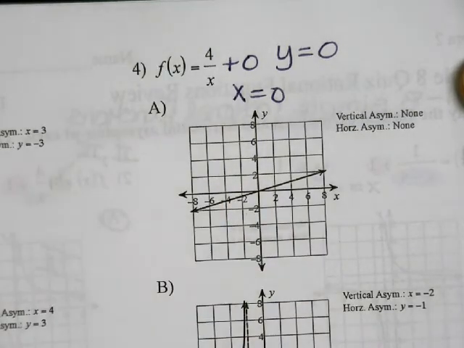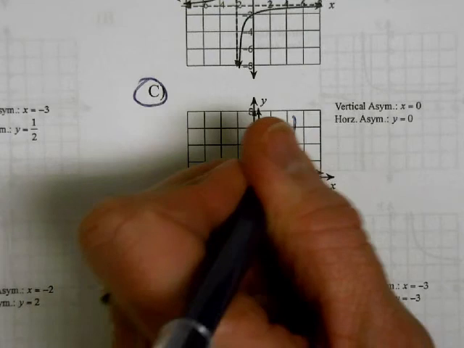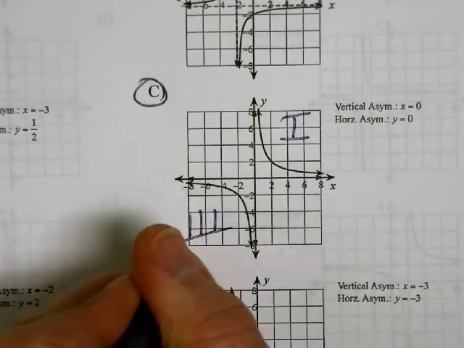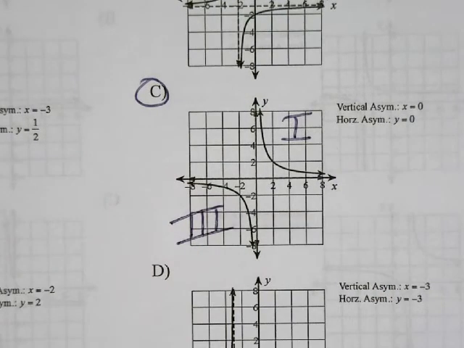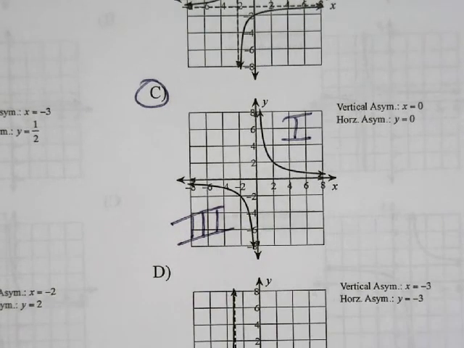It's a positive fraction, a positive rational function, so it's C. Positive makes a 1 and a 3 region. So they're going to mess with you. Obviously, if you look at the graph of A, it's not a rational function. It doesn't have asymptotes. So they're going to cast doubt on your knowledge. So be aware of that.